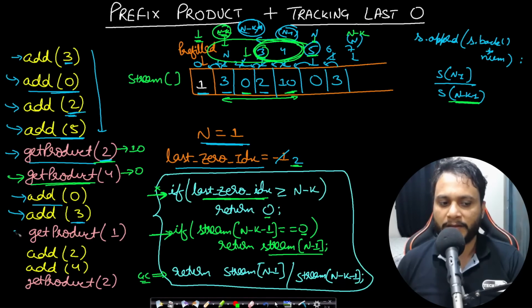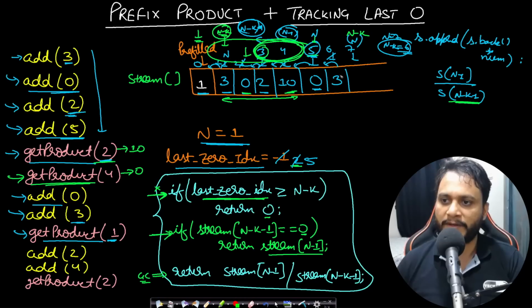Okay, now we are asked about get product of the last item, that means one item. So the n value is equal to 7. The n minus k value equals 6. So if you look at the last 0 index, like we have seen 0 at index number 5, so the last 0 index must be updated to 5.